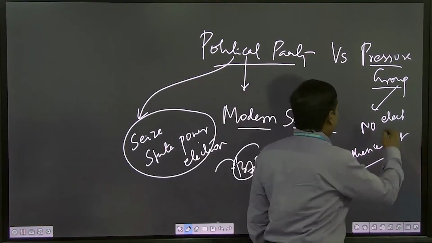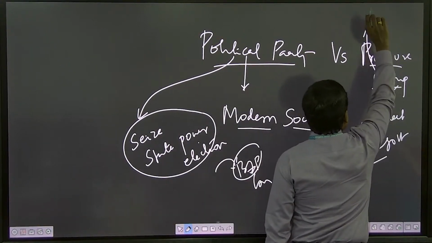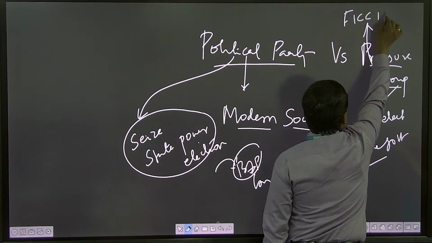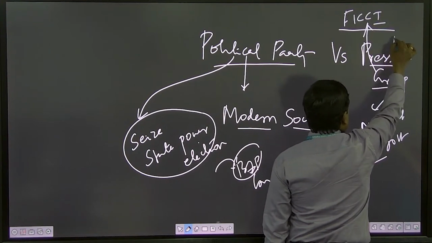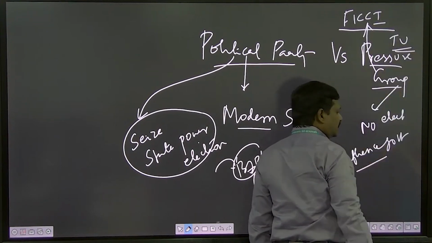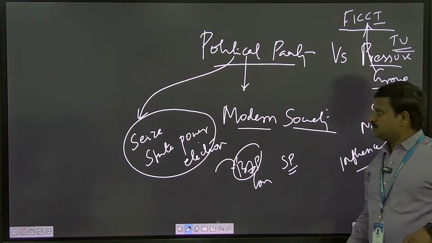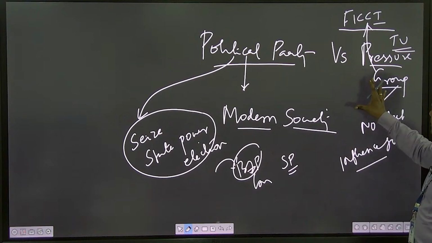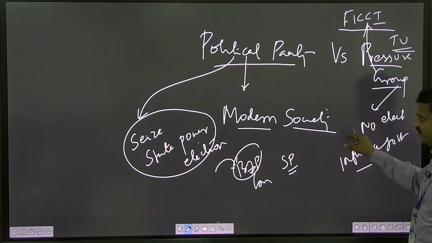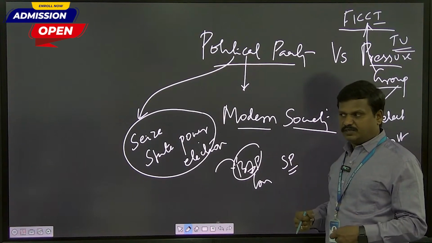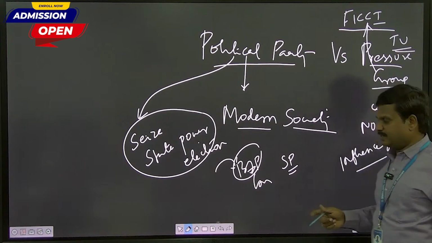A simple example of a pressure group is FICCI, a business pressure group. A trade union is a pressure group, which will not directly contest in the election. So pressure group means they will not contest in the election. They will only influence the government to take a decision in their favor. Political party means they will contest in the election and they will form the government. Okay.